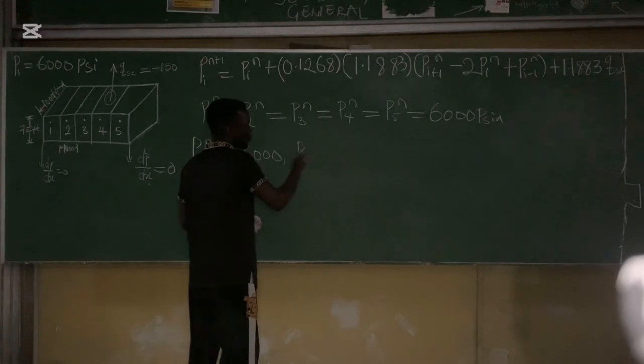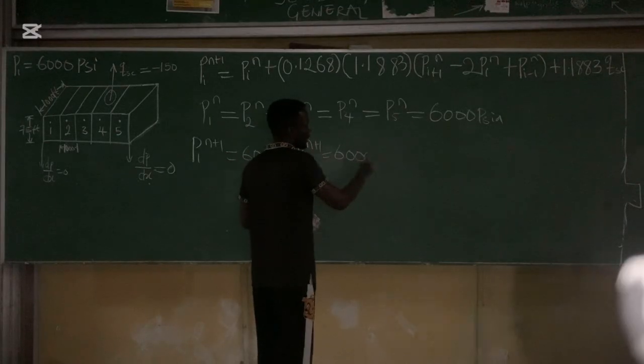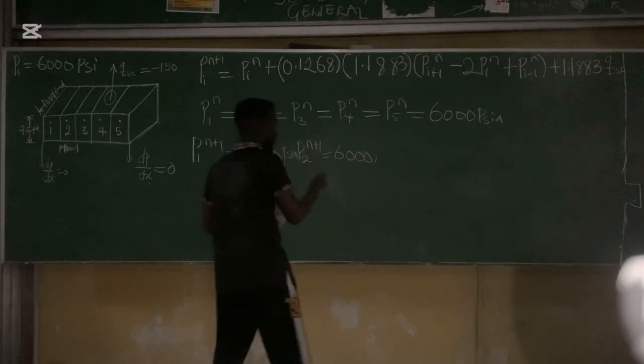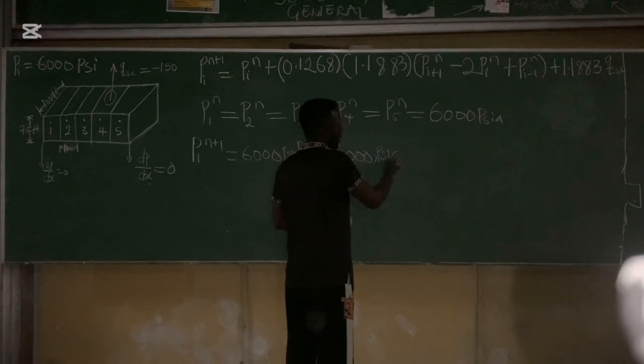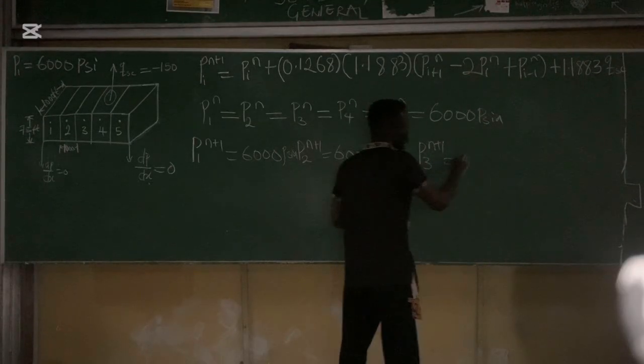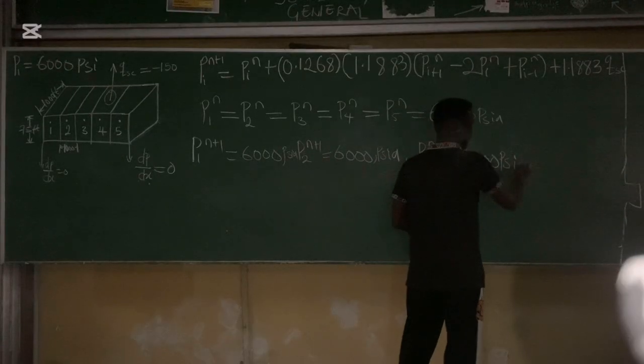Our P2n plus 1 is equal to 6,000. Our P3n plus 1 is also equal to 6,000 PSIA.